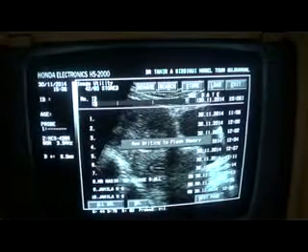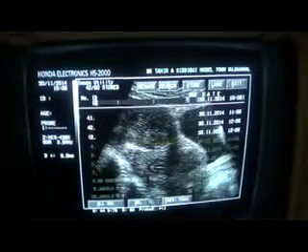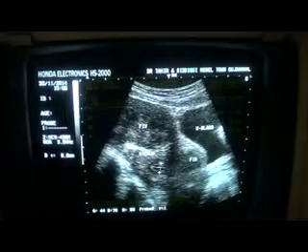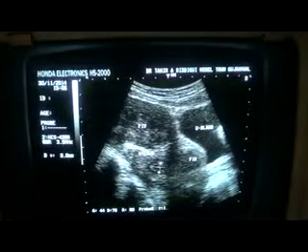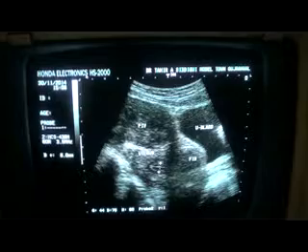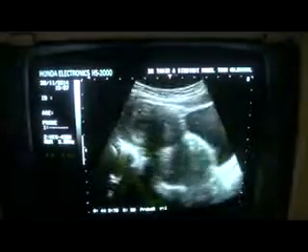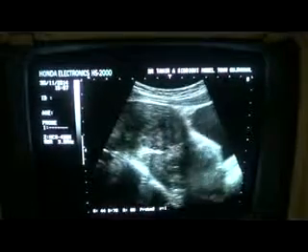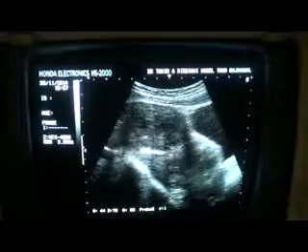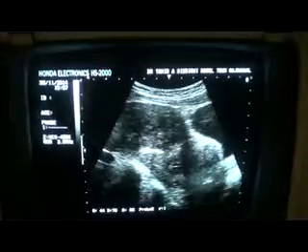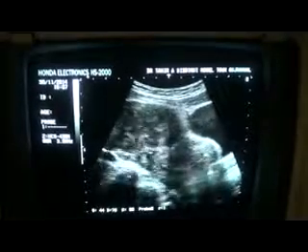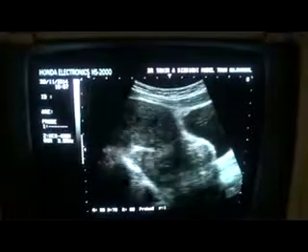So this is our case of the day of a young lady with multiple fibroids engulfing the uterus at the fundal region, at the subserosal location.